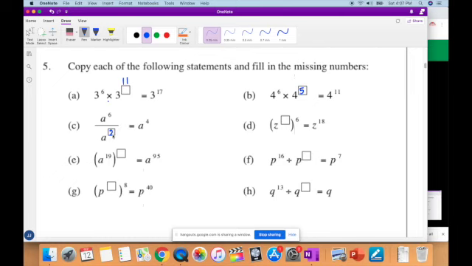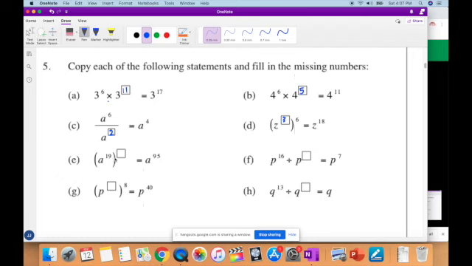So this is 2, and 6 minus 2 will give me 4. Right. Caitlin, you okay with them 3 so far? Yeah. You get them correct? Yeah. Alright, good job. Over here you have to multiply the indices. So 6 times 3 will give me 18.